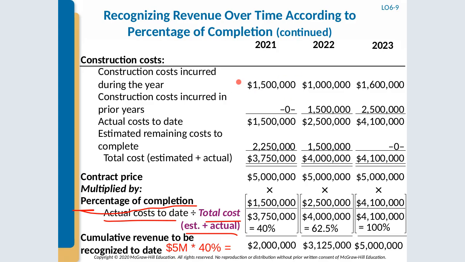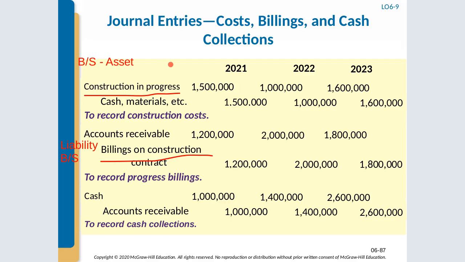So in terms of the materials or the costs that were incurred for the construction in 2021, we are going to debit our construction in progress for this cost. Why are we debiting to the asset instead of an expense?